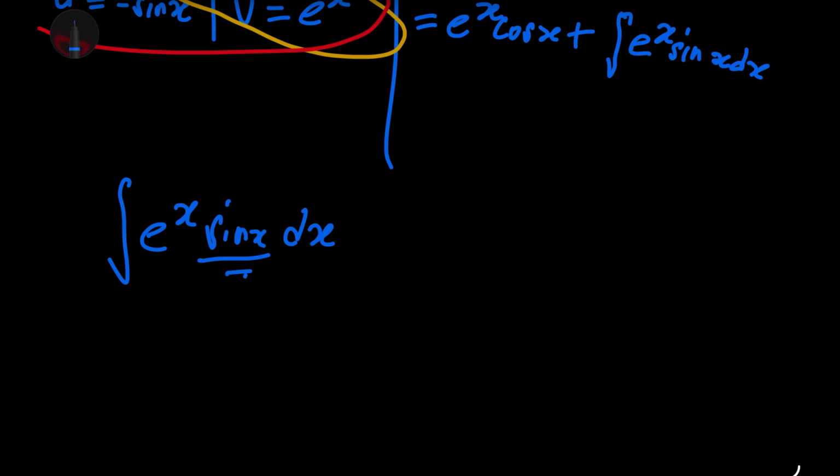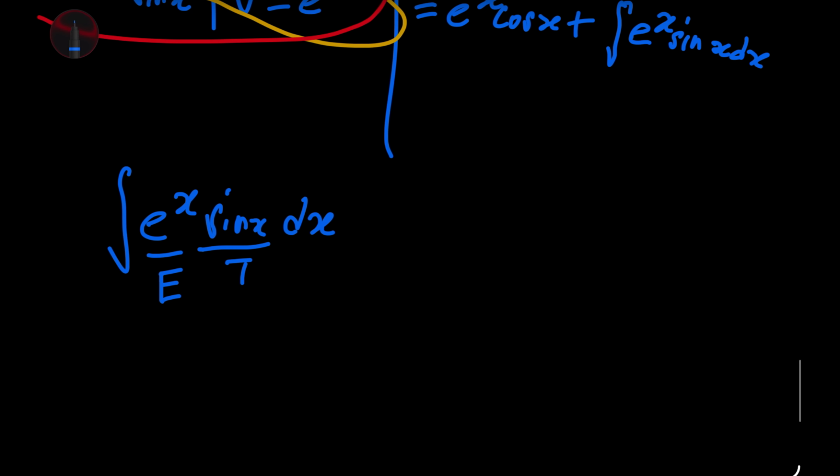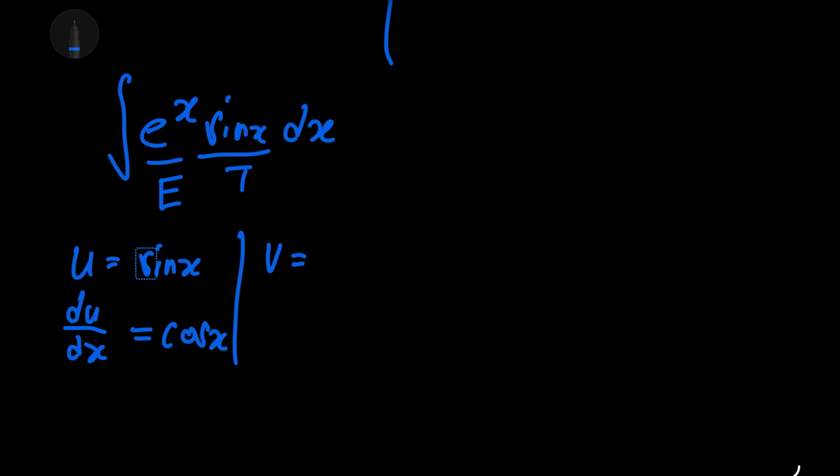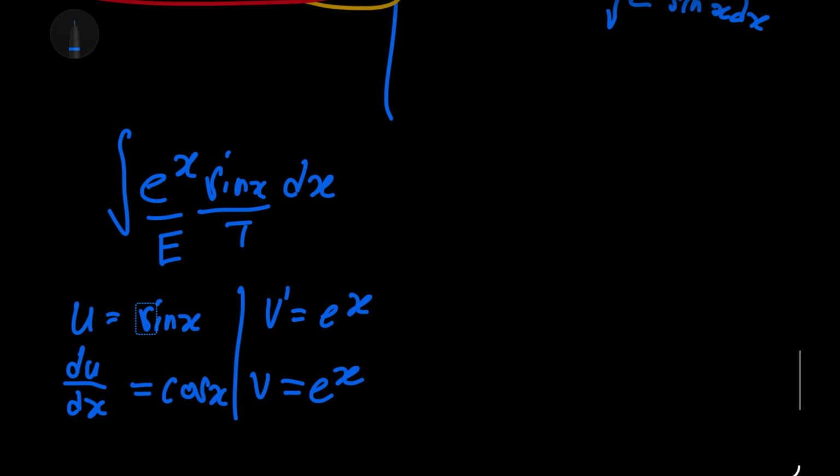Sine is a trig function, e to the x is an exponential function, and we just discussed that the trig function is much easier to take the derivative of. So we get u is equal to sine x, du over dx is equal to cosine x. Okay, great. Then we get v prime is equal to e to the x, and v is also equal to e to the x.